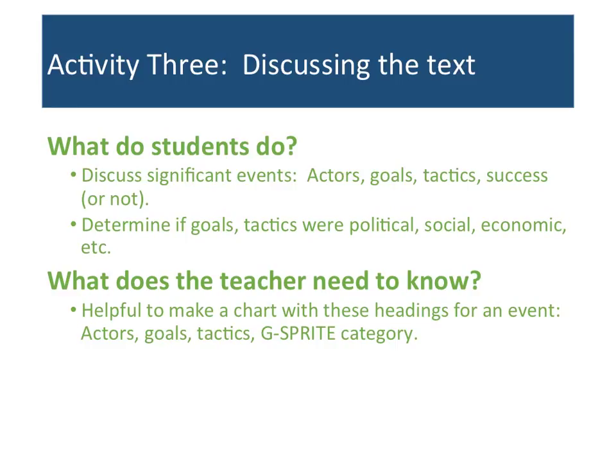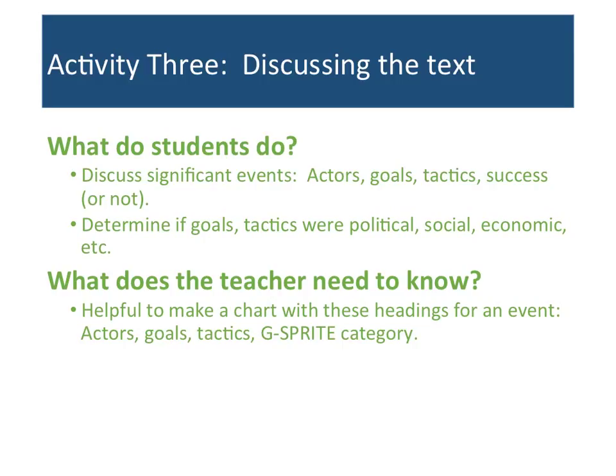In Activity 3, they're going to be discussing the text's significant events. They're thinking about the actors, their goals, their tactics, whether these were successful or not. They're going to determine if goals or tactics were political, social, economic, etc. What you need to know about this is that you might make a chart and put these headings on the chart for each event: actors, goals, tactics, GSprite category.